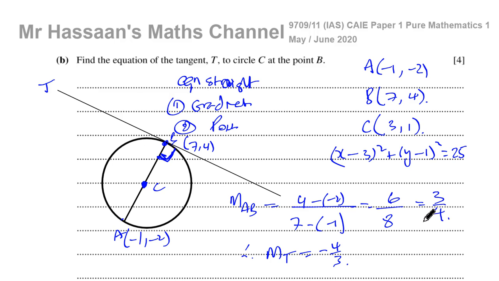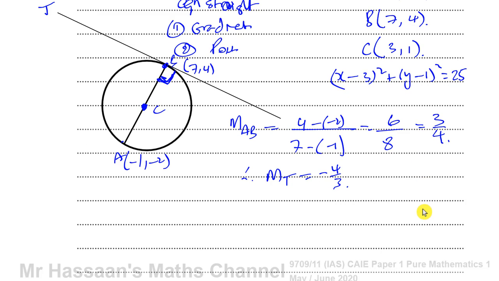Okay, so now we have what we need to find the equation of the tangent. We know the point on the line, which is (7, 4). We know the gradient, which is negative 4/3. Those are the two things that we need to find the equation of a straight line.